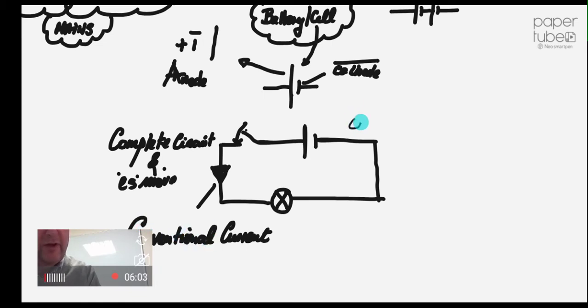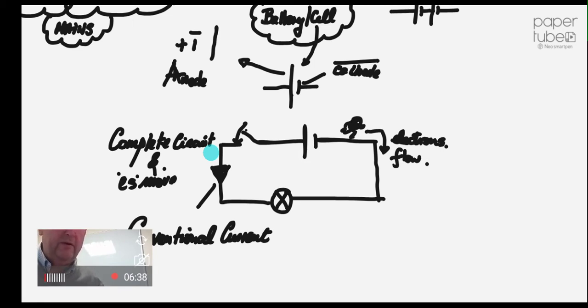The electrons go the other way, and you never draw these in unless you're asked. That's your electron flow. And again, the electrons are negative, so they'll be repelled by the negative and attracted round to the positive. But you never draw them in unless you're asked, because the electrons were discovered much later than the positive charges were suggested.